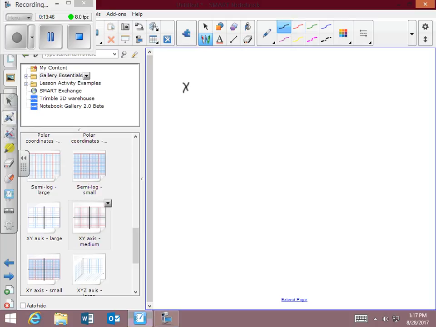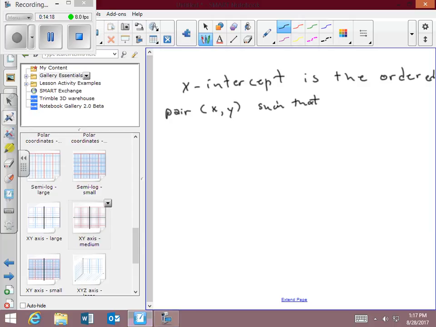So the x-intercept is the ordered pair (x, y) such that y equals 0.